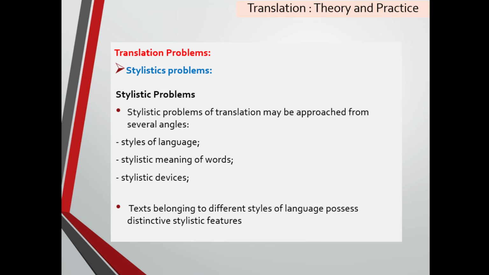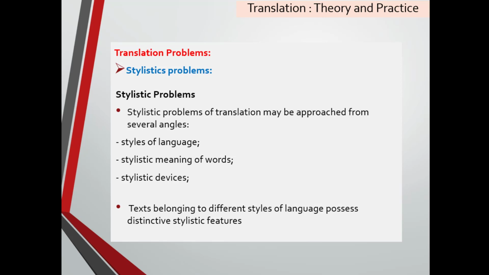These means are interrelated and they form a system which becomes a characteristic of each style. So, any text that belongs to a different style of language possesses some distinctive stylistic features. That's why when we see these features, they can be easily recognized.